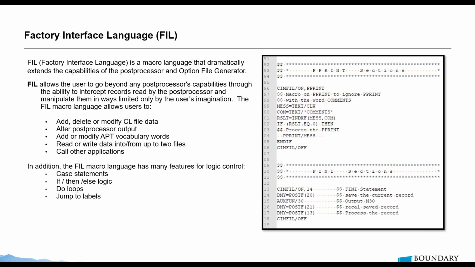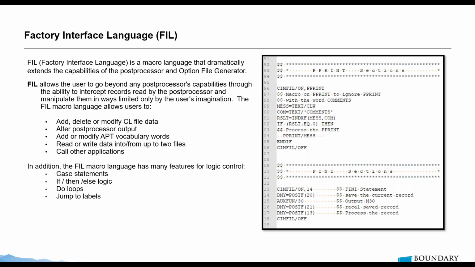Then on top of the option file generator, we use the factory interface language, FIL, and this is just taking post-processor development to a new level. When we do work for customers and if we develop these post-processors for them, this is mainly where we work with things. It's giving you a lot of control over the post-processor.